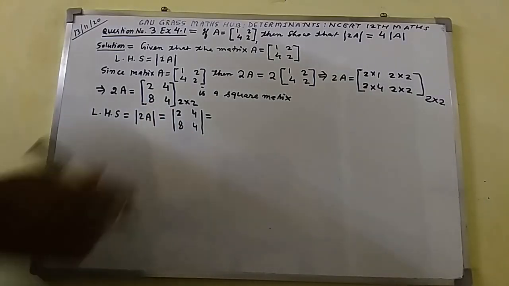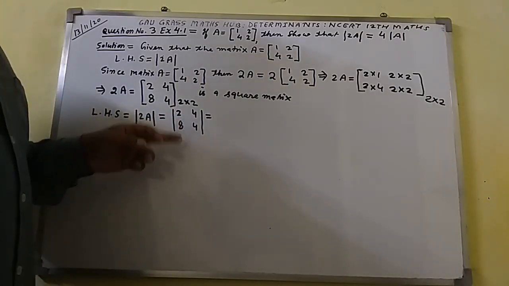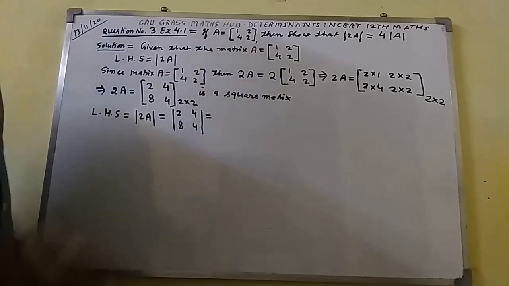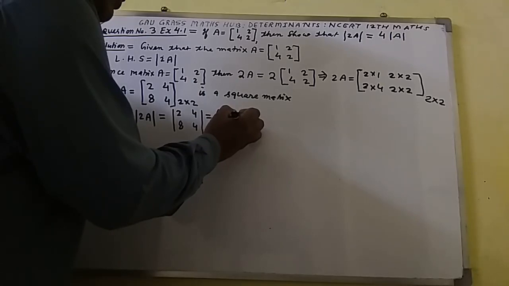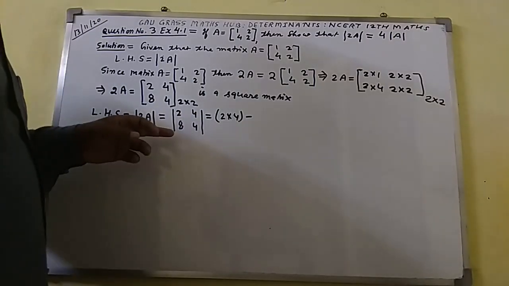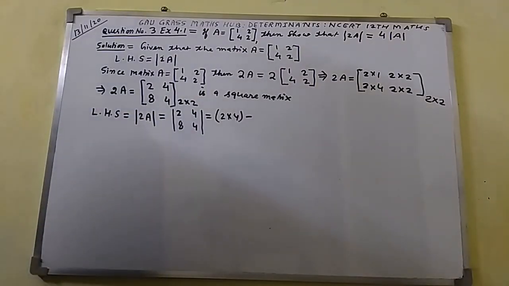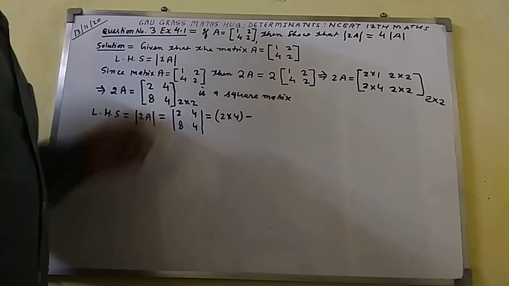The elements of the principal diagonal will multiply together: 2 will multiply to 4. Minus the elements of the reverse diagonal multiplied together: 8 will multiply to 4.